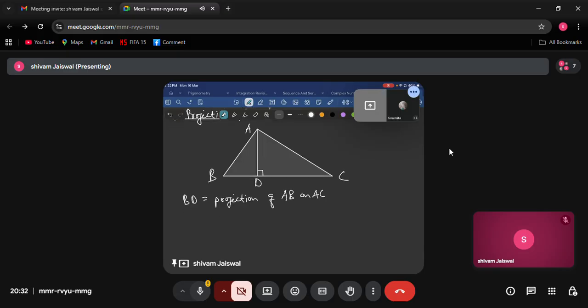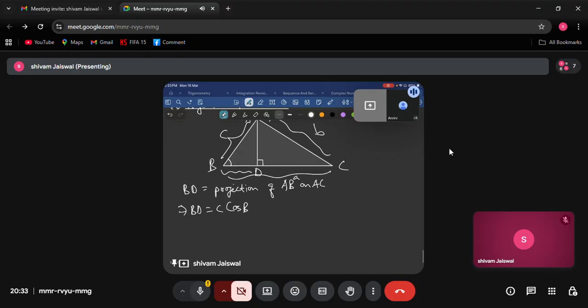Okay. So everyone, what is BD in terms of AB and angle B? Can anyone tell me? If AB is c, AC is b, BC is a. C cos B. And what is DC? What is DC?